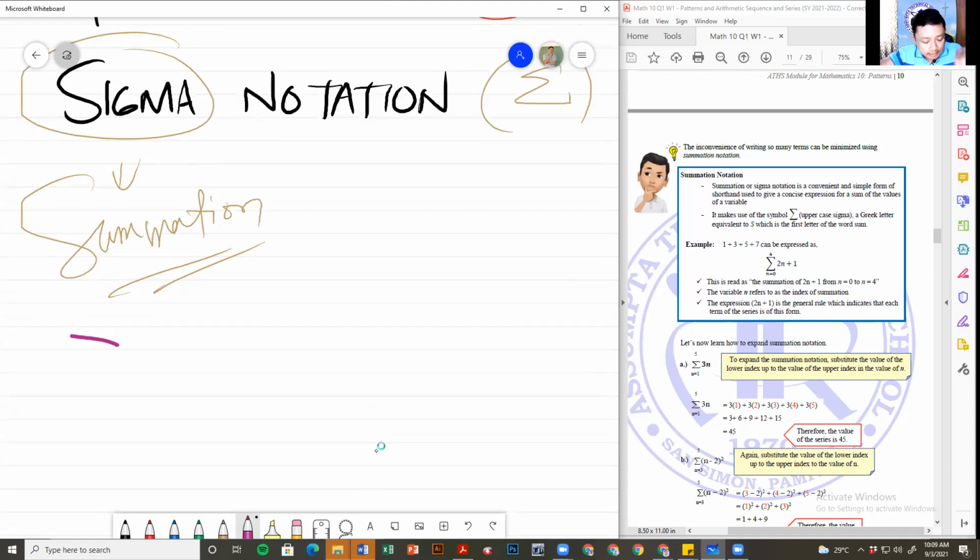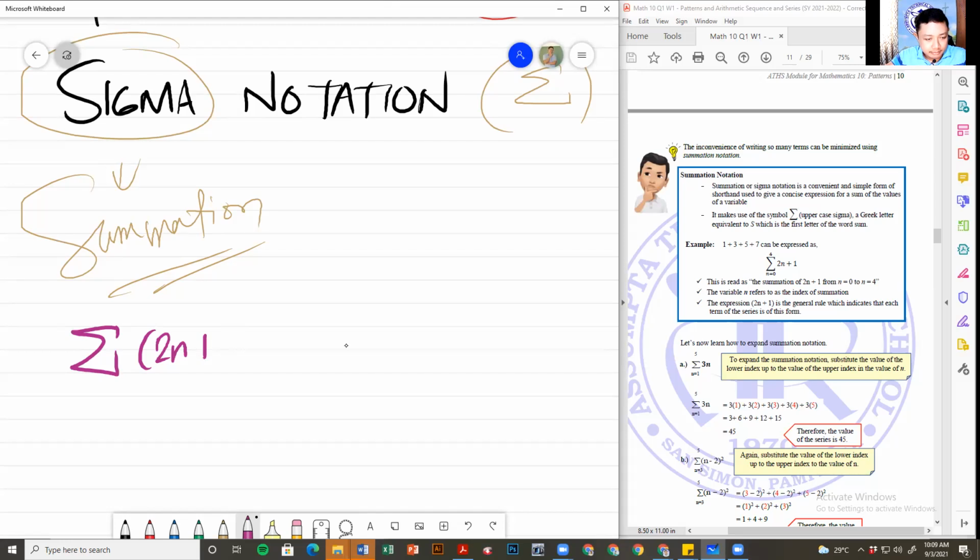So let's do this sigma notation. May exercise ako while having my class. Okay. Wait lang. Let's have this. So the summation of, for example, 2n plus 1. That's the explicit form. 2n plus 1.